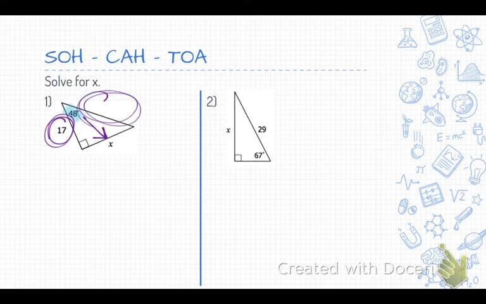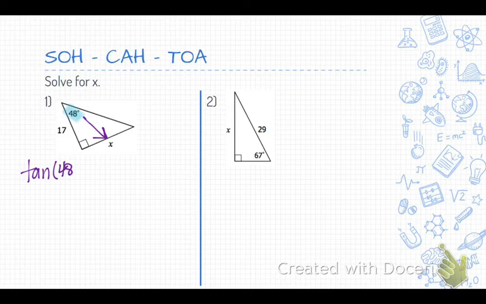Because my hypotenuse doesn't have a side measure. So I have O and A. I'm going to use tangent. So tangent of my angle equals opposite over adjacent. And I have to solve for x. So what do I do next?